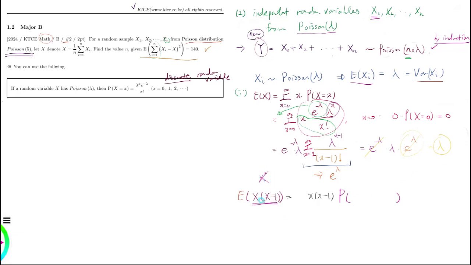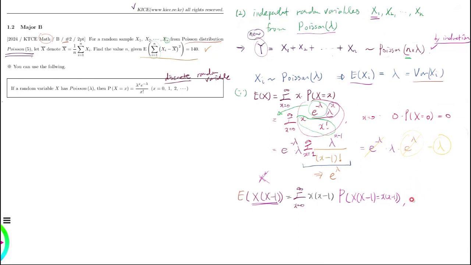It has some benefit. So the new random variable capital X times x minus 1 equals x small x times x minus 1, and I will add them up here from 0 to infinity.